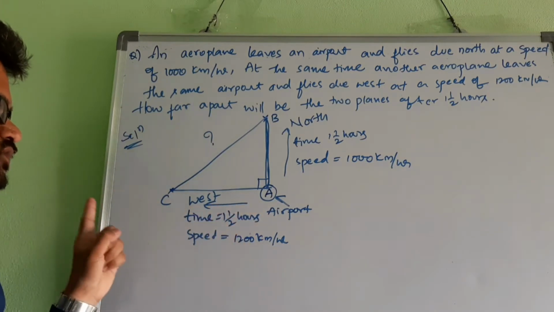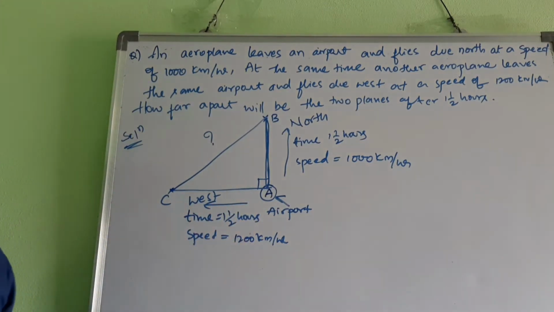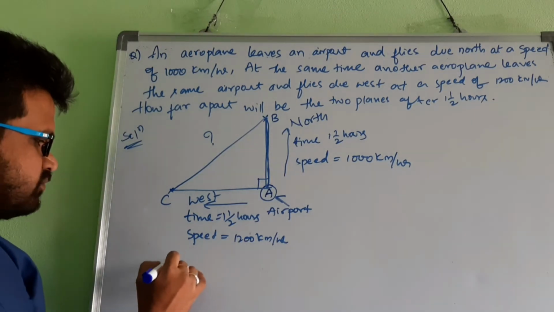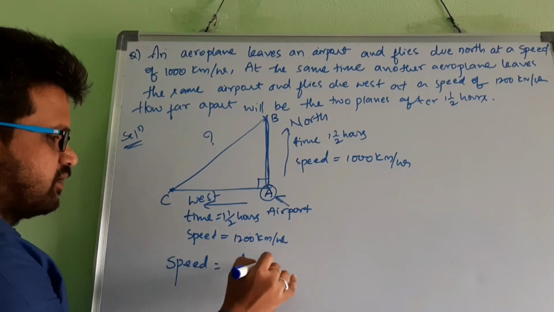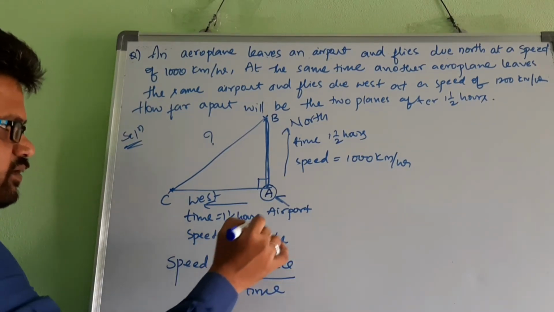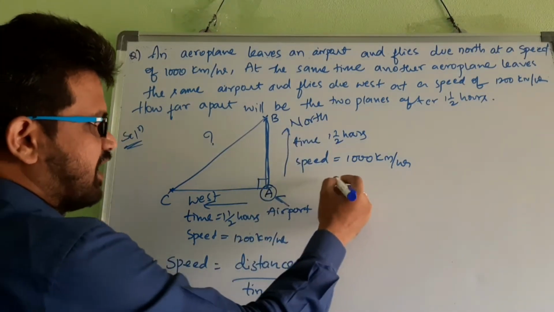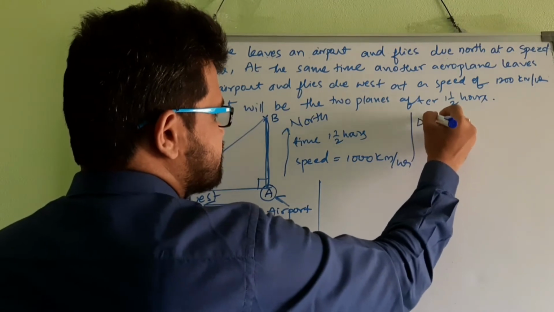Another is moving towards west, time 1.5 hours and speed 1200 kilometers per hour. We know the speed formula: speed is distance by time.